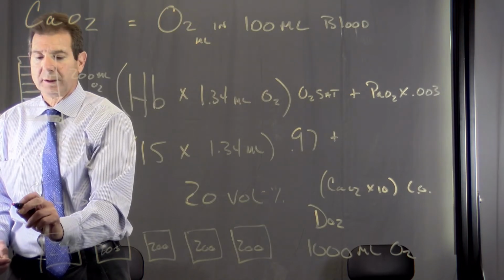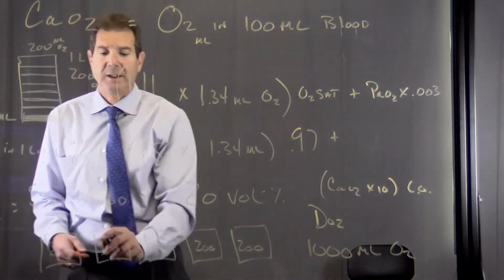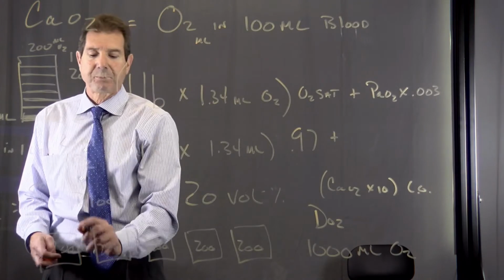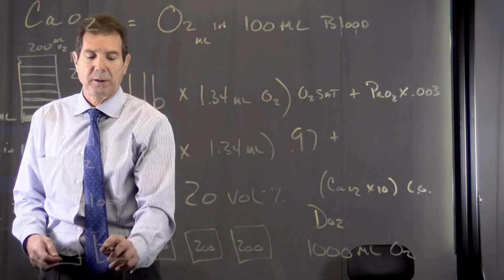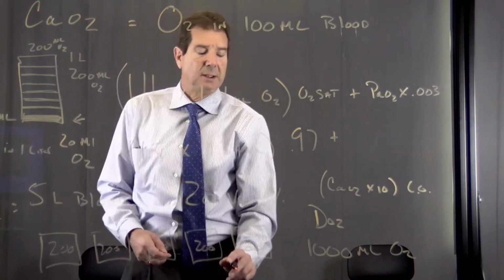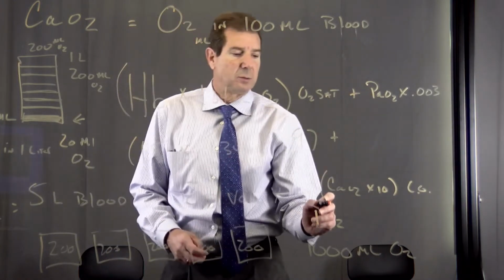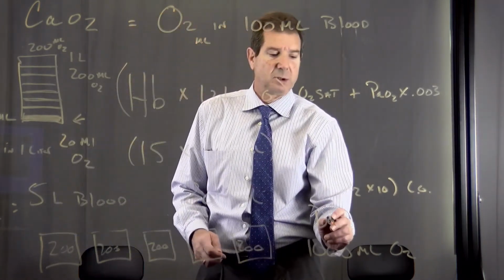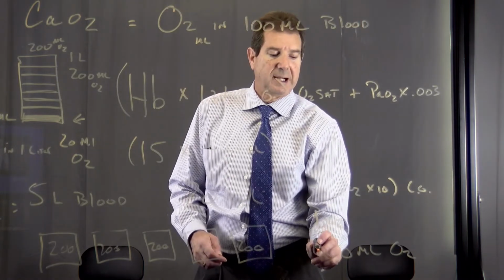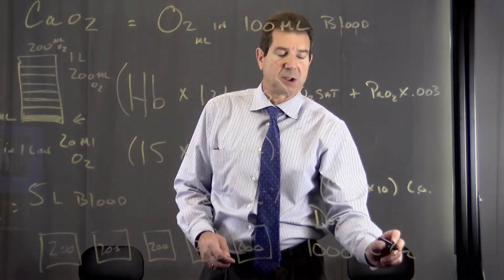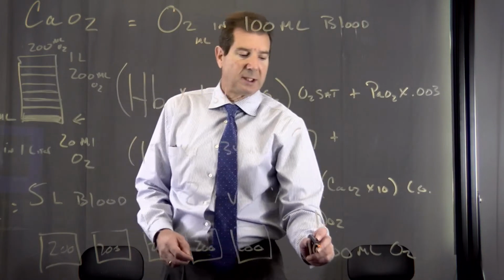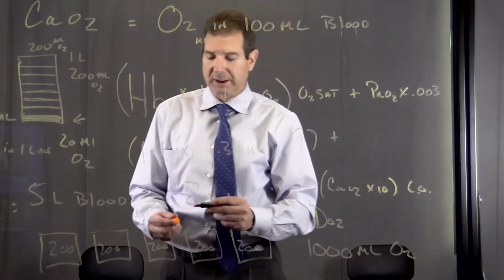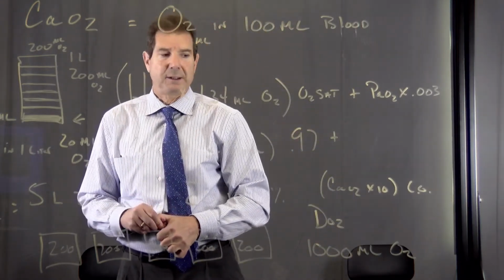It's called either one. It's normally about 5 liters of blood. So if in every liter I have 200 milliliters of oxygen, in a total oxygen transfer, O2 delivery, DO2, I can move 1,000 milliliters of oxygen in 1 minute.